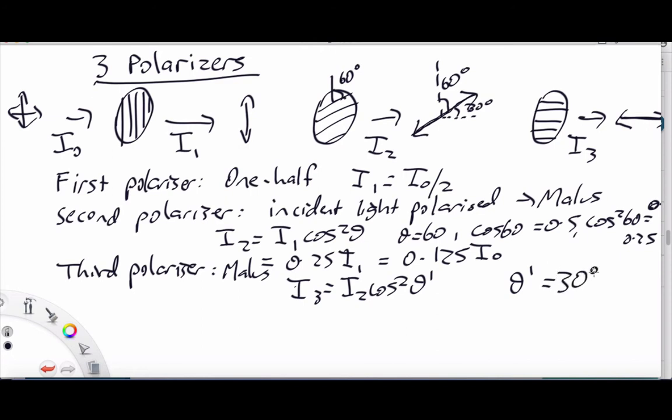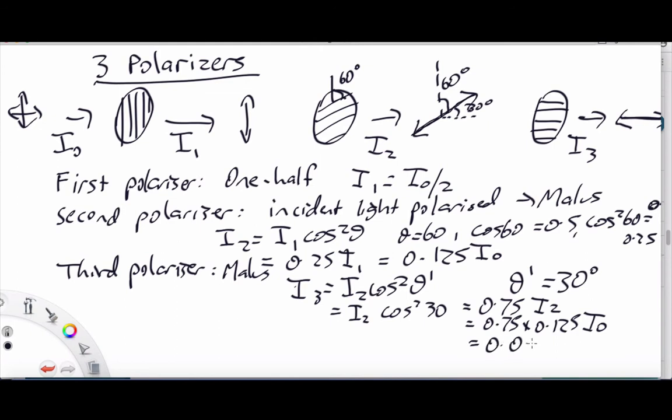So I3 is I2 times cos squared 30, which means 0.75 I2. And that means 0.75 times 0.125 I0, which means 0.09375 I0.